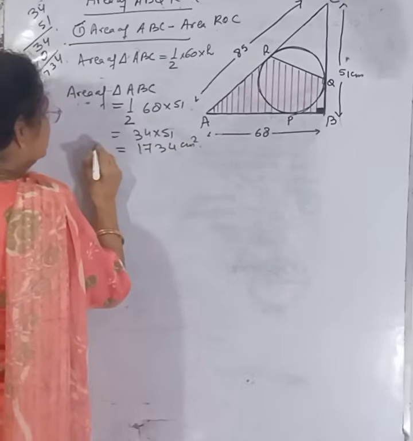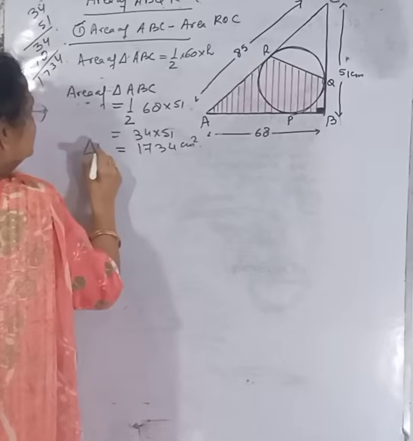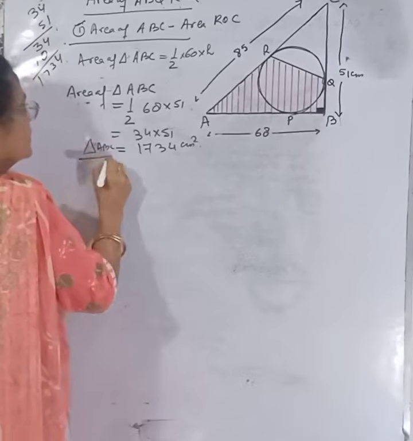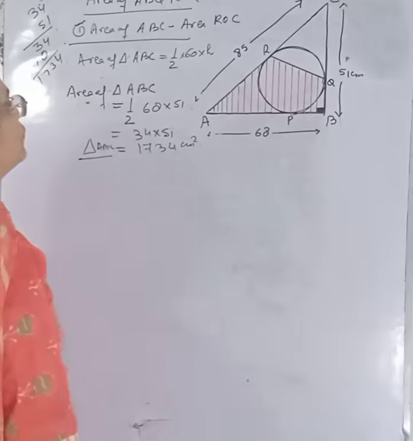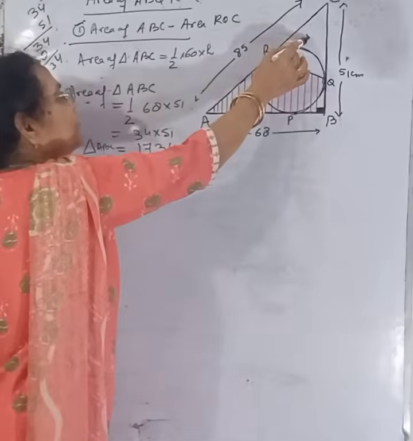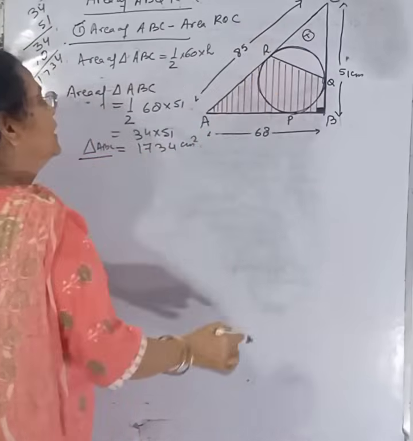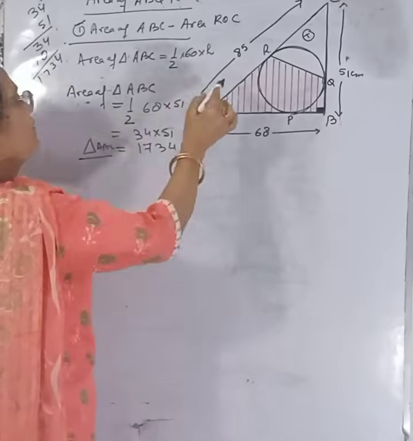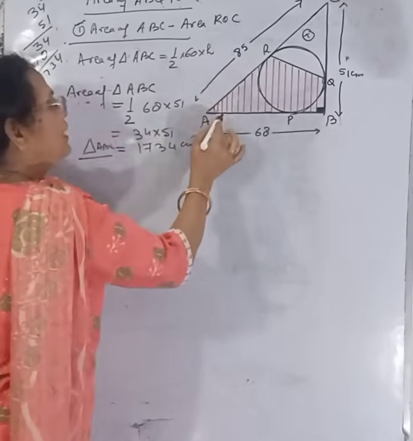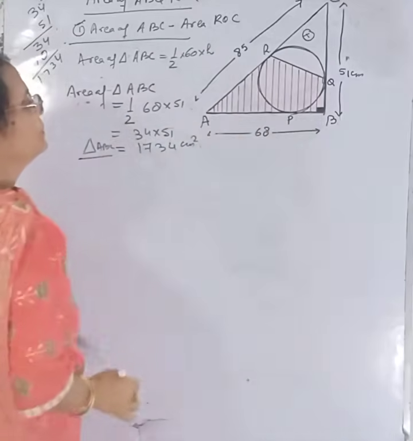This is the area of the triangle. Okay. Now our aim is to find somehow the area of this portion. And the total area, when this portion is subtracted, will give us the red shaded area.